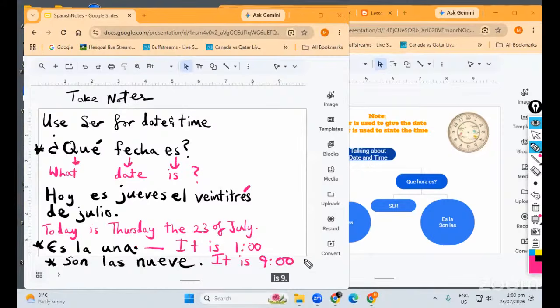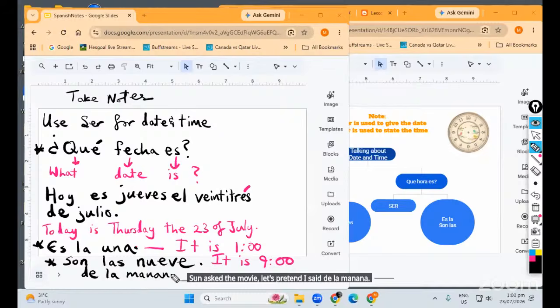If you've done ser before, then you could clearly see where we've used ser, right? If this is the first time, can you spot where we've used ser? Son las nueve. Let's pretend I said de la mañana, and that's how we translate AM.